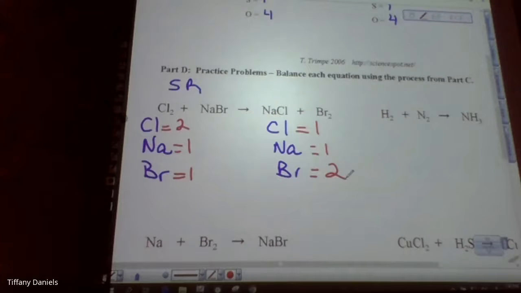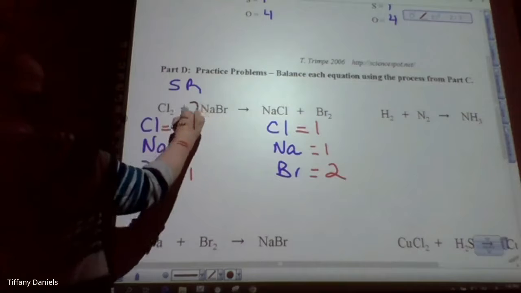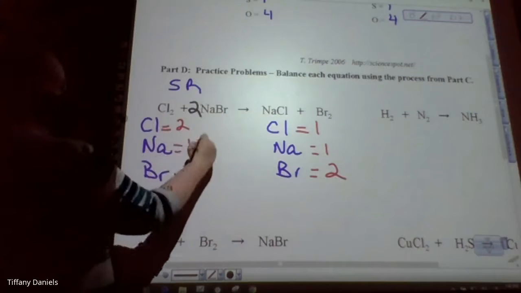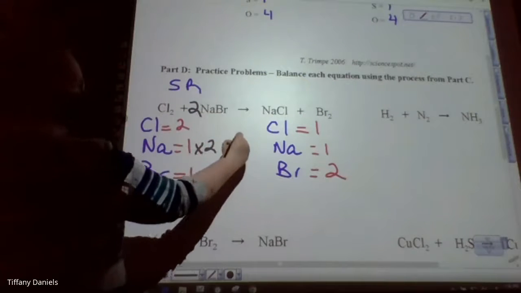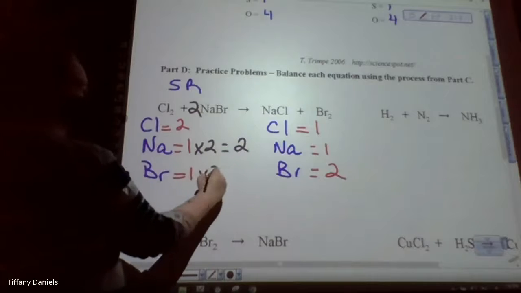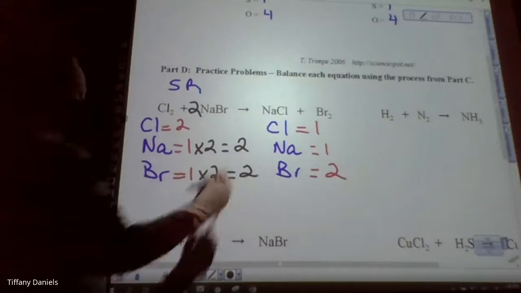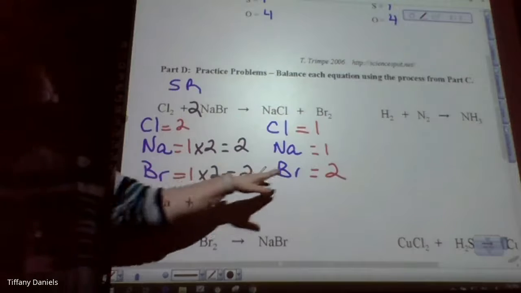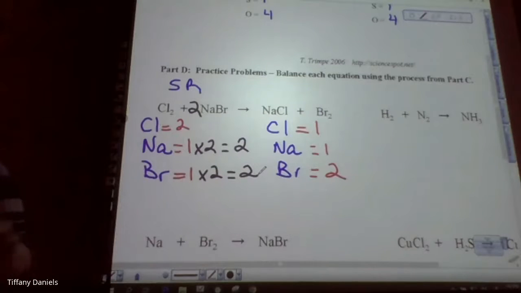So knowing my mathematical magic, I'm going to start with this one. So if I double this one, I now have equal numbers of bromine on each side, so I'm getting there.